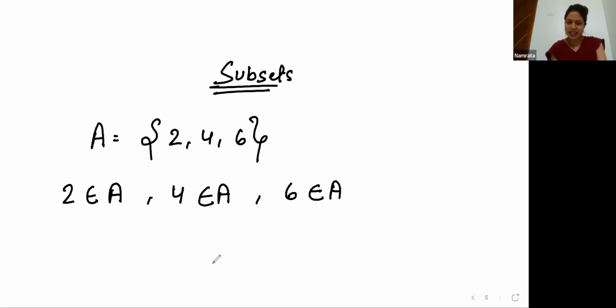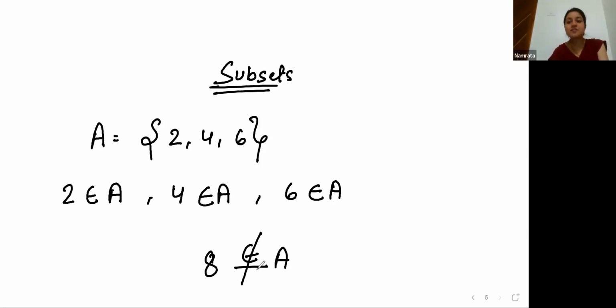And if we write 8, does it belong to set A or not? 8 is not there in set A, so we say 8 doesn't belong to set A. This concept we have already discussed yesterday. Today we are going to start subsets.